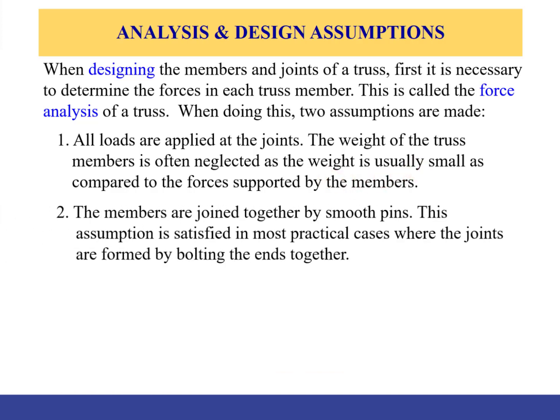The second assumption made is that the members are joined together by a smooth pin, and this reminds us from the last lecture that when we have a slender beam with a smooth pin, then the only two reaction forces on this pin are normal to each other, which means in Cartesian coordinates we have x and y. Therefore, the resultant of these two forces must be directed along the beam.